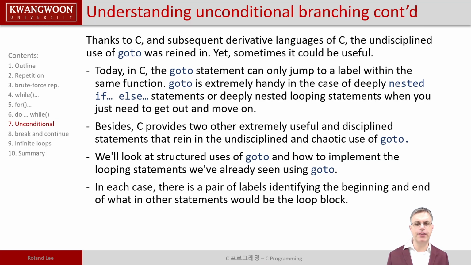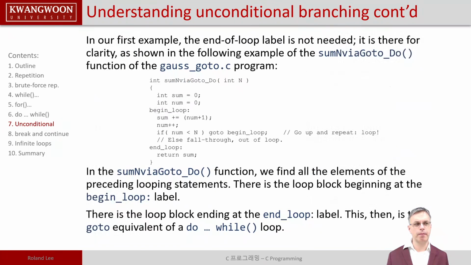In our first example, the end of loop label is not needed. It is there for clarity, as shown in the following example of the sum N via goto do function of the Gauss goto program.